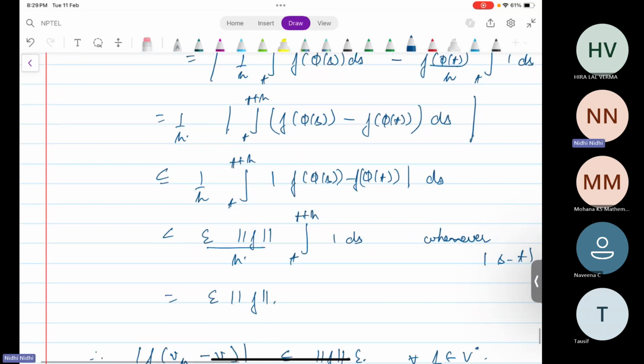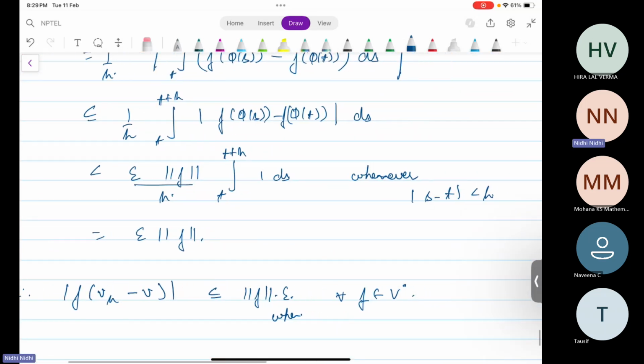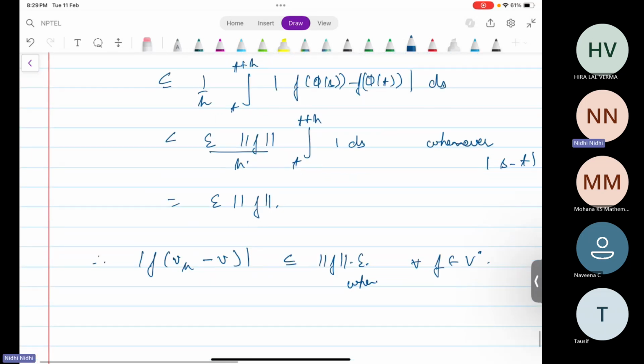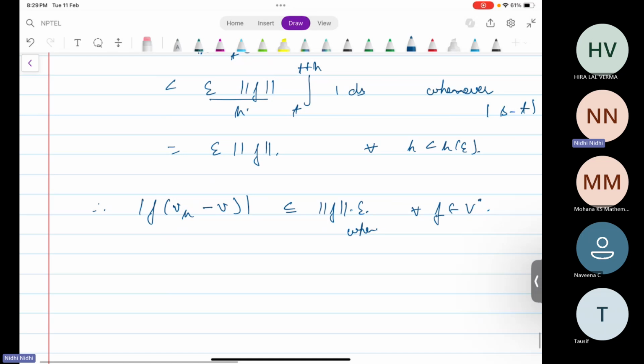I'll have to check why this h is coming, how we are getting this h less than h epsilon.